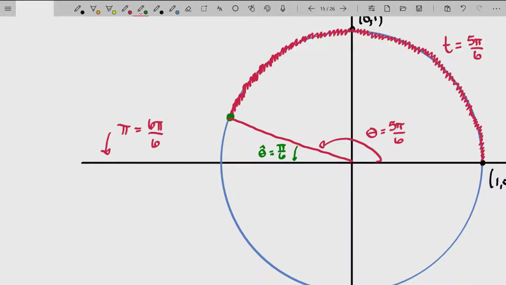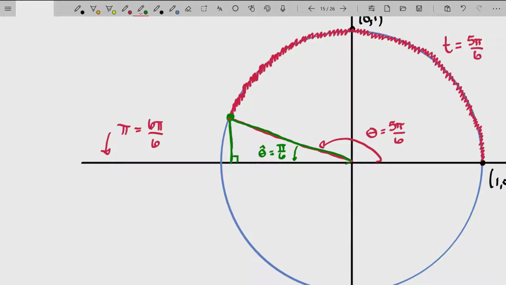And the reason why I say trigonometry is all about reference angles and quadrants is because this allows me to draw in a right triangle right here. And I can find the ratios of that right triangle.